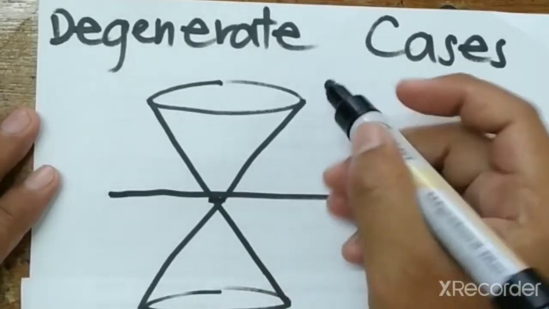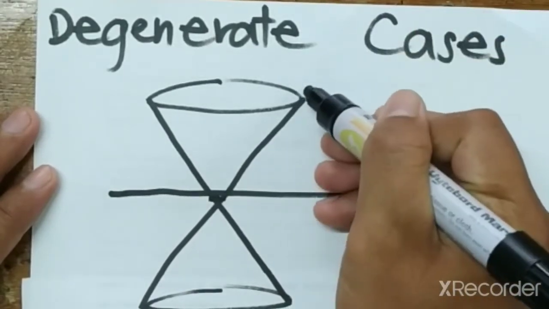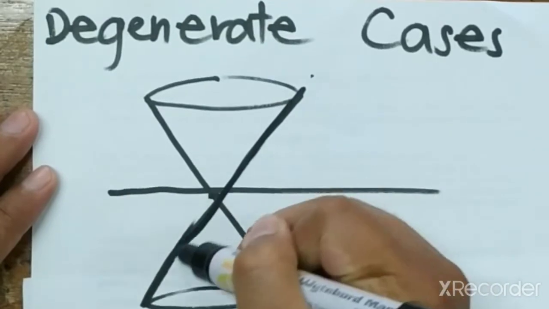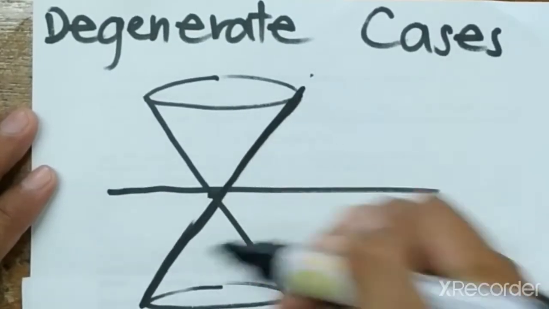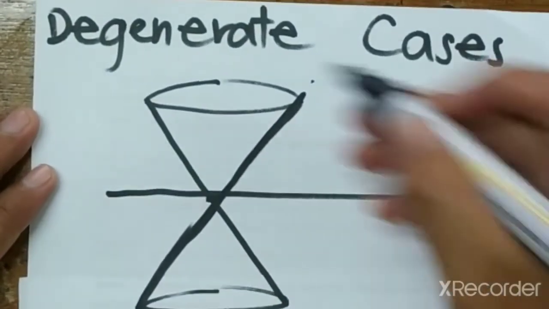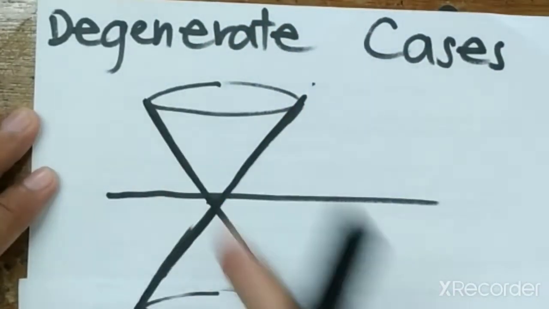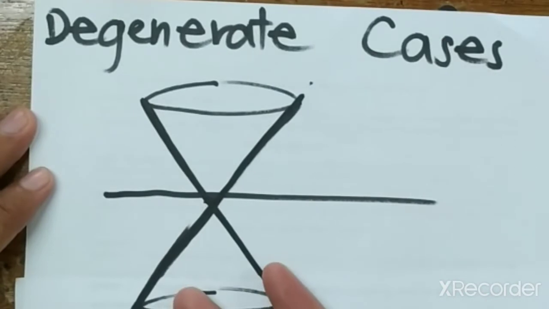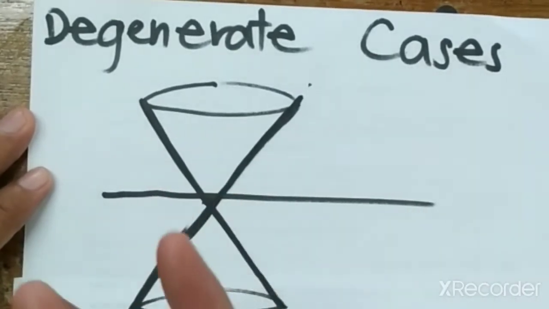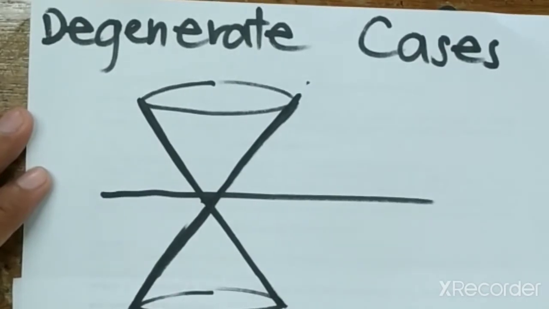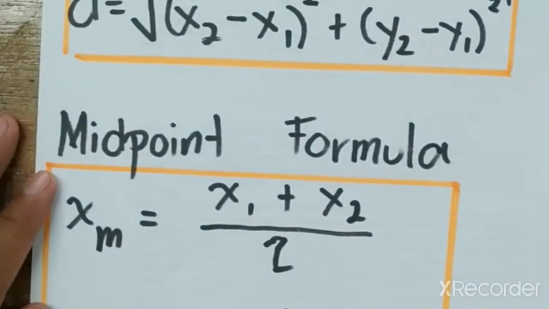There are also degenerate cases, let's say when we cut it slantly across this one, it will form a line. So if there are two cuttings parallel to each other, the degenerate case that will be formed is a pair of lines. Okay, so those are some of the degenerate cases.